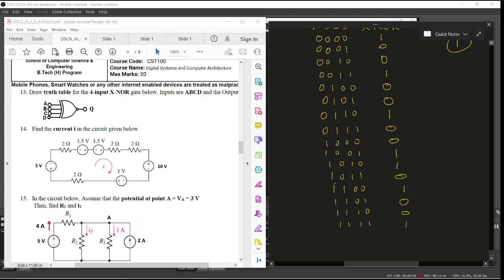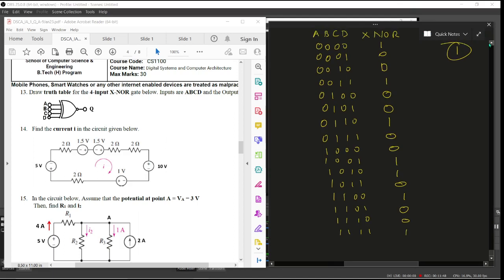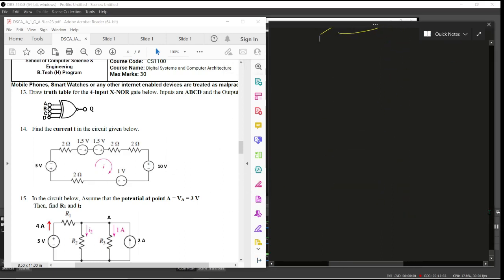This is 1. So this should be the output truth table, and you don't need to memorize this. It's based on counting the number of ones in the input and then generating a 1 for it. I hope this is clear. Now let us solve question 14.